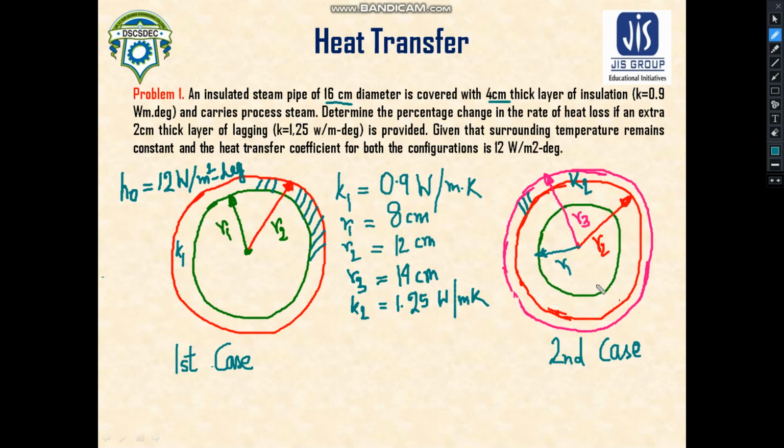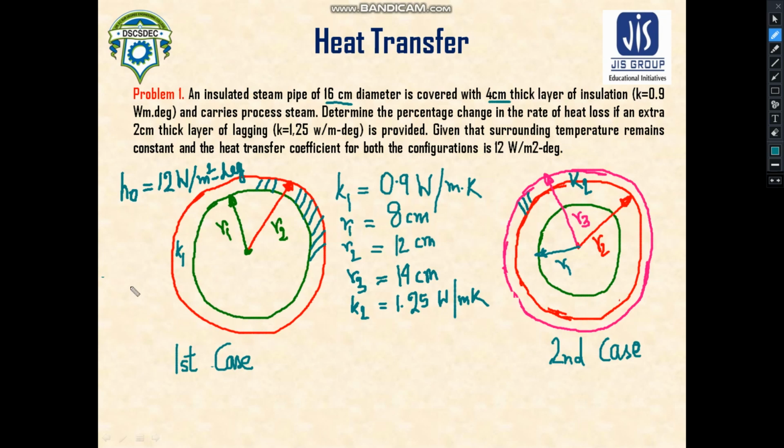Since the temperature difference is not provided here, you would expect that in both the cases the temperature difference would remain the same. That means if this inner wall had a temperature of T1 and the process steam has a temperature of T0, then delta T will be T1 minus T0 in both the cases. So the temperature difference remains constant. It is the thermal resistance which goes on changing.